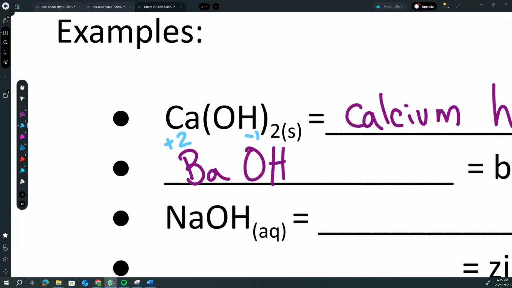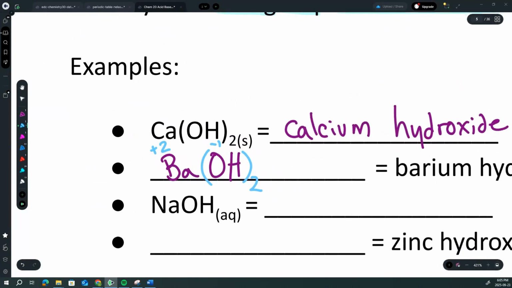All right, so since we know that 2 minus 1 does not equal 0, we've got to do crisscross applesauce. And since I need to pull this 2 and put it behind the hydroxide here, I need to represent that there's 2 hydroxide ions, so I need to put it in brackets.